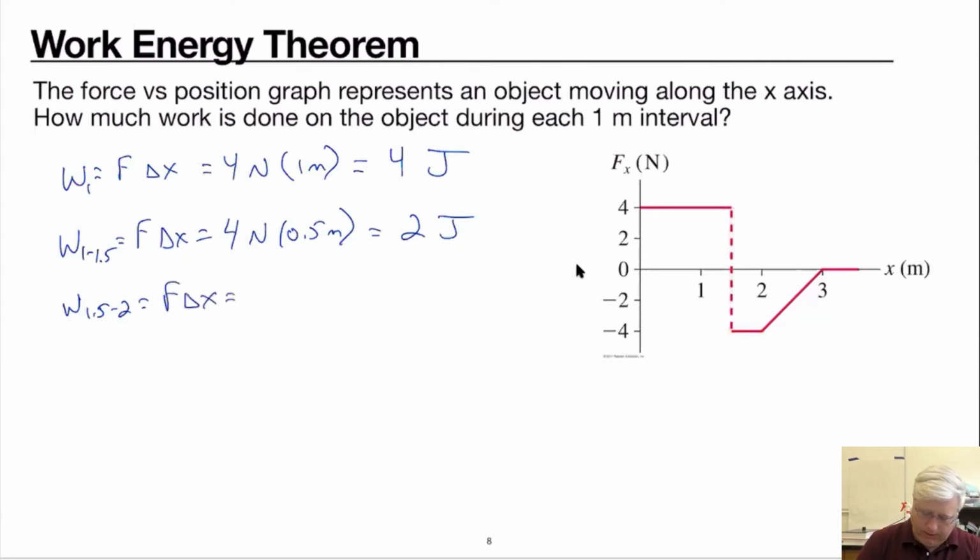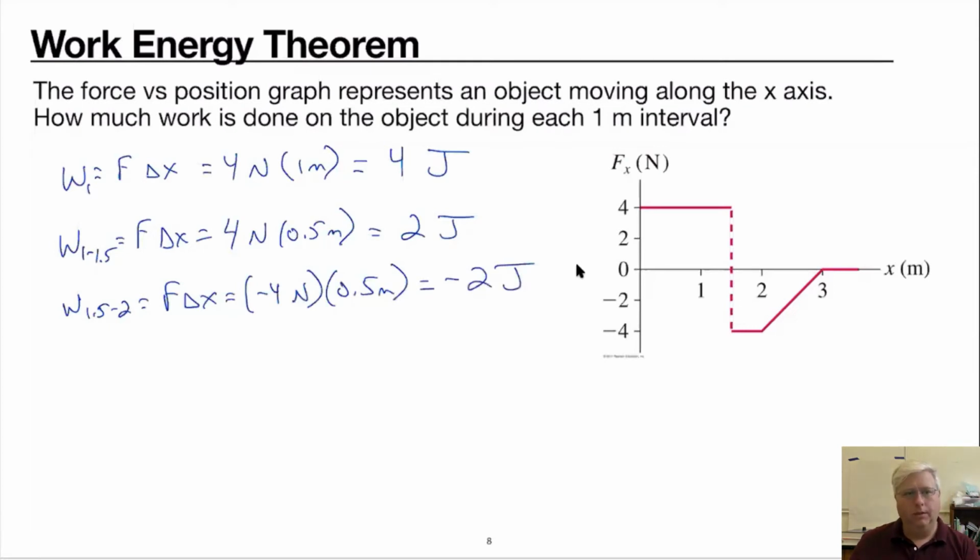Force times displacement, -4 newtons for half a meter, is -2 joules. So what we see is that between 1 and 2 meters, there's a net work of 0 done.